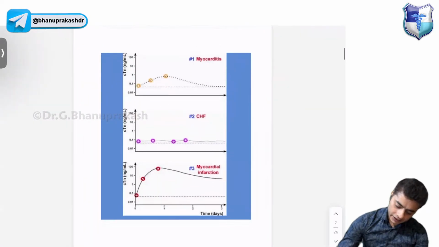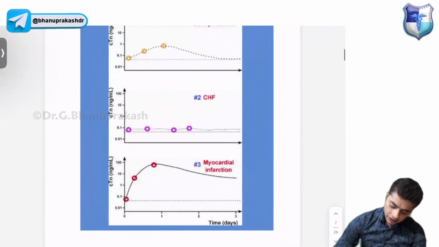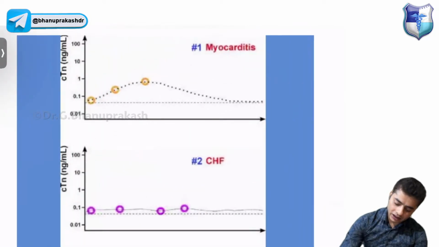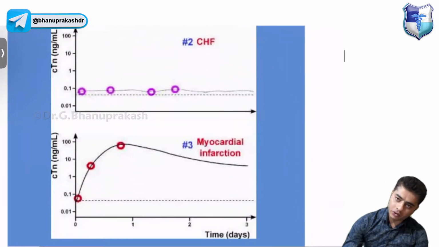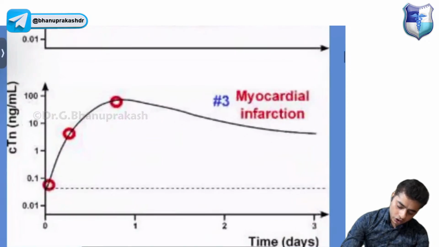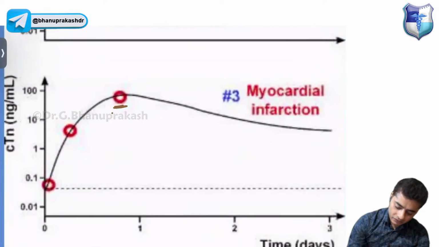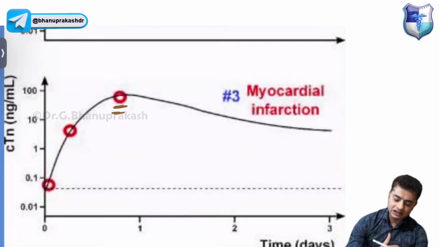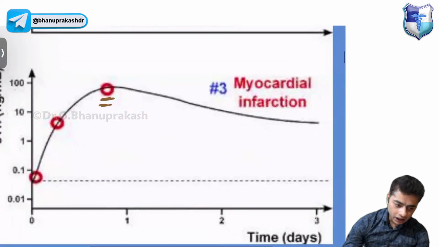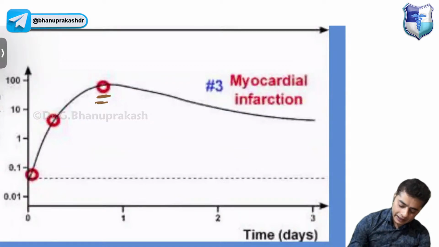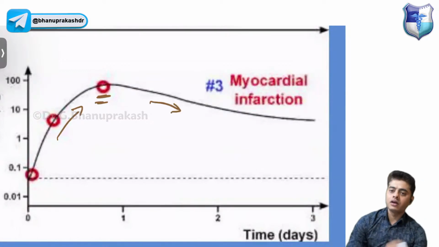Now, here we are seeing a diagram of cardiac troponin in various heart diseases. First is myocarditis, then CHF, then myocardial infarction. You can clearly see in myocardial infarction that one value is above the 99th percentile. Criteria satisfied. Other thing, you are seeing that there is an acute rise and then an acute fall.